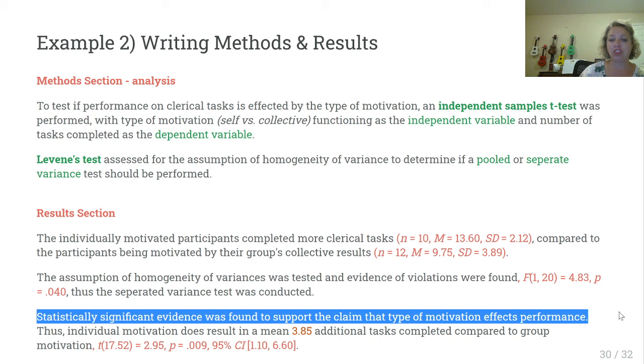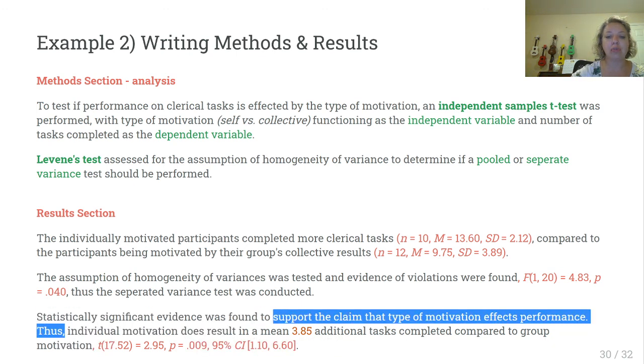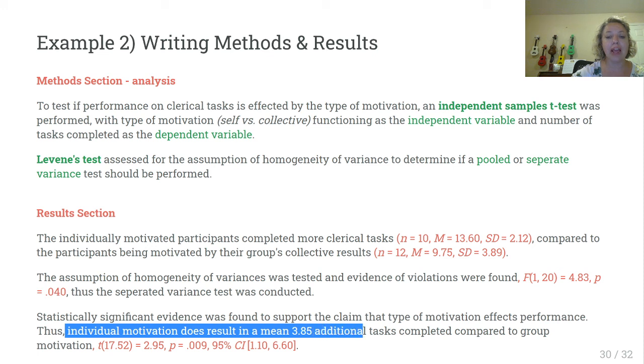Now, I'm going to say which direction. Individual motivation does result in a mean of 3.85 additional tasks completed. Now, it's a good idea when there is an effect to say how big of an effect, direction and size.